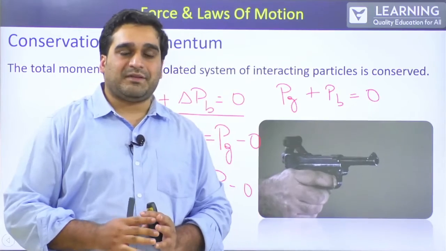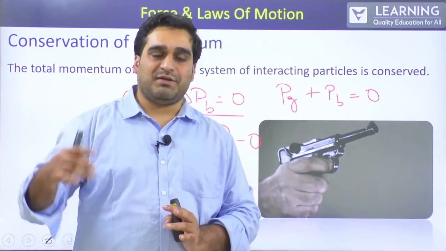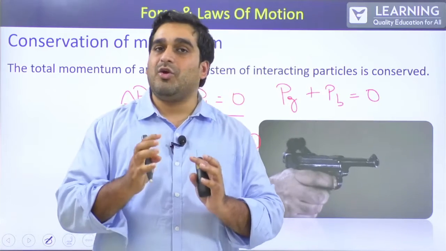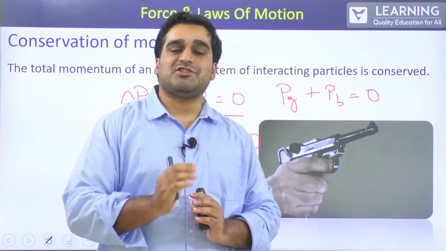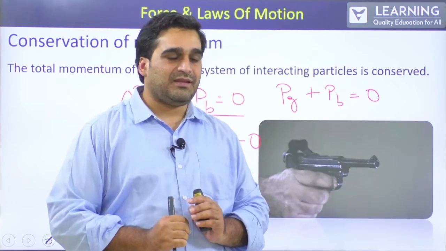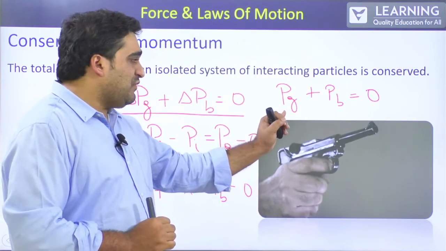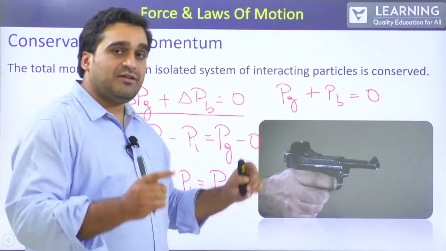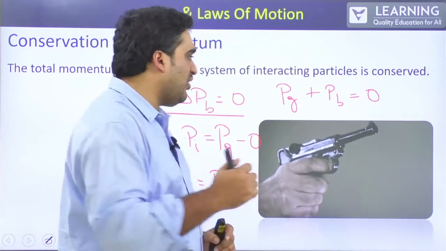Momentum. In the previous session on Newton's second law, we defined momentum as the product of mass and velocity. Momentum of the gun is the mass of the pistol and the velocity of that recoil.